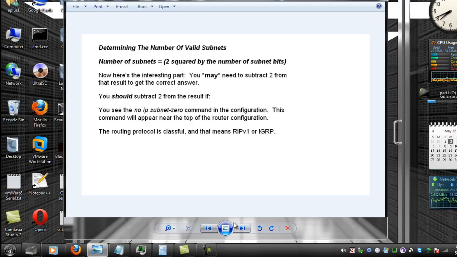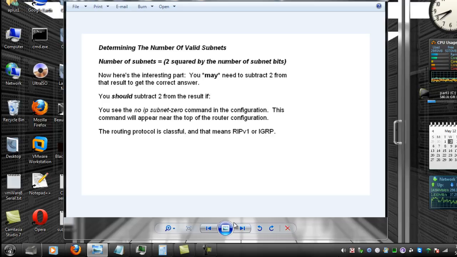IGRP is off the exam now, has been a while, but I'm mentioning it just in case you run into an old system, because you don't see IGRP on Cisco exams at all. You might see it in real life, rarely. Old routers in a dusty corner somewhere working for over 10 years. Frankly though, you don't see it on routers anymore either. The only time you would subtract 2 is if you see the no IP subnet 0 in the config, or if the routing protocol is classful like RIP1 or IGRP.